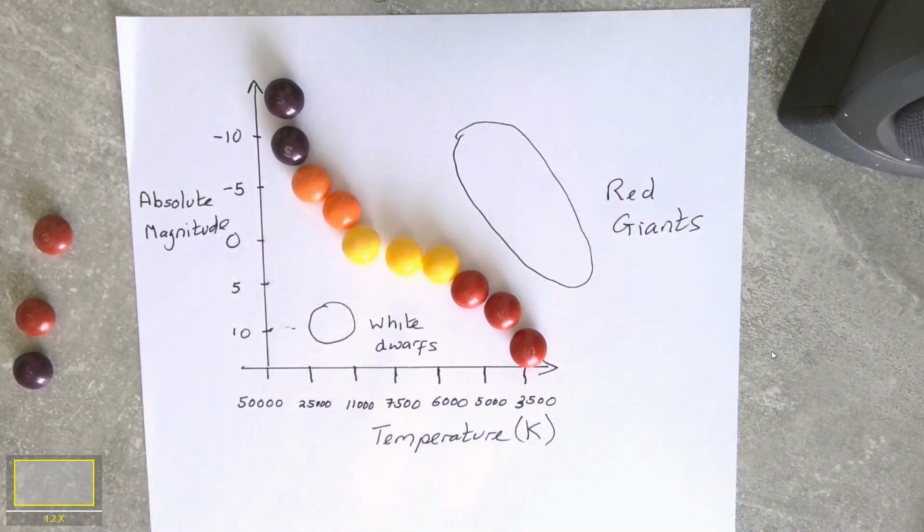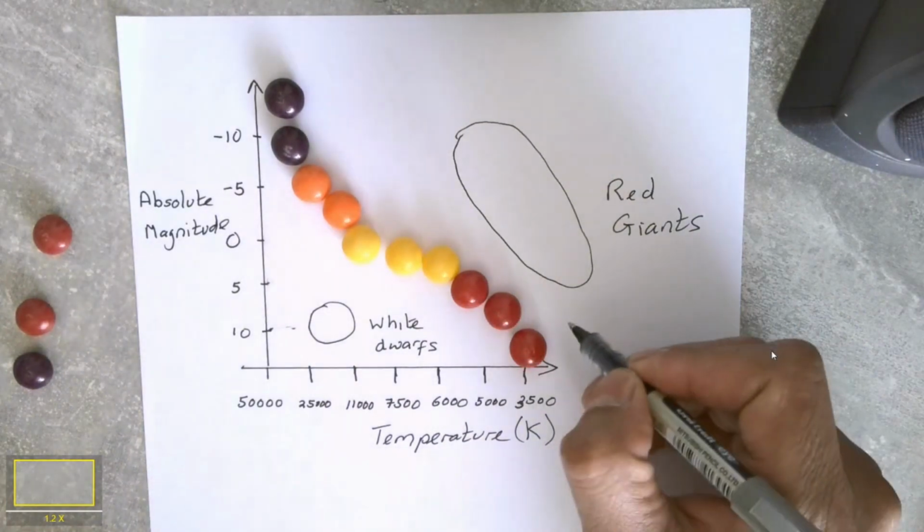So hopefully you're starting to see how this all fits together, and we can plot how the life cycle of our sun will go.